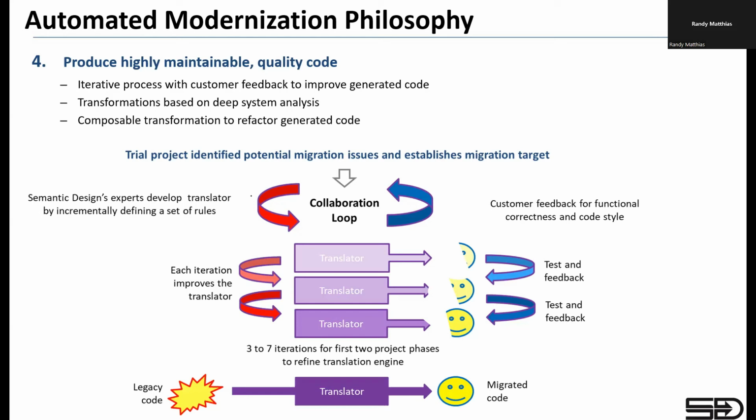Semantic Designs can then take that feedback into account, modify the translation rules based on the feedback, and regenerate the code. Through this process, we continually improve the translation until everyone is satisfied with the code being generated.